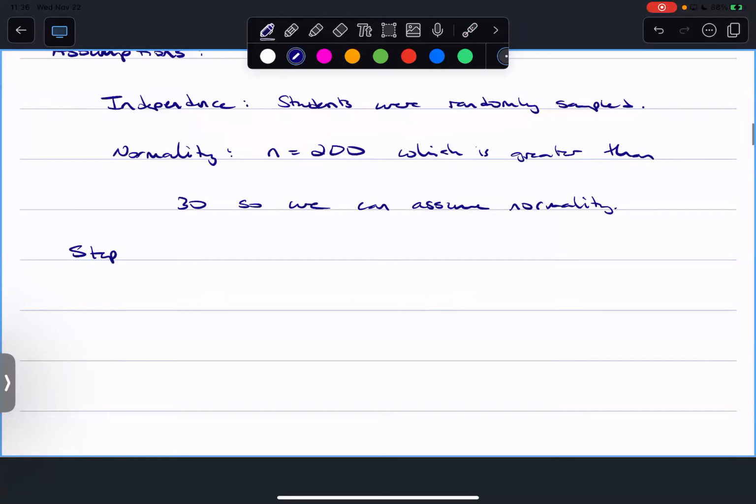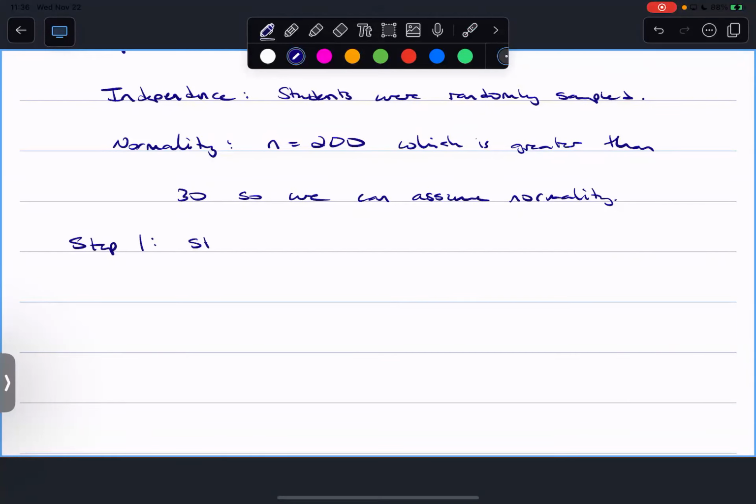Step 1: state the hypotheses. Key thing: you read those questions, and I put a note at the top of those, the practice for test 2. The first thing I want you to do is just read all those questions.